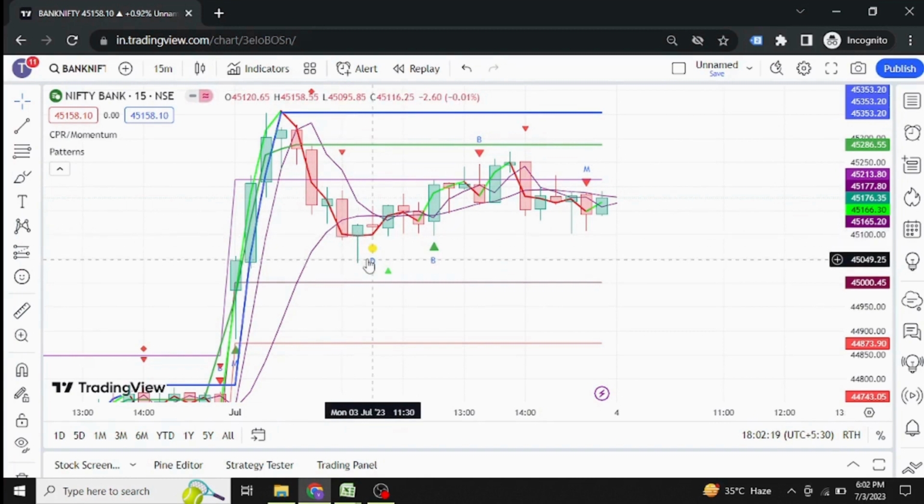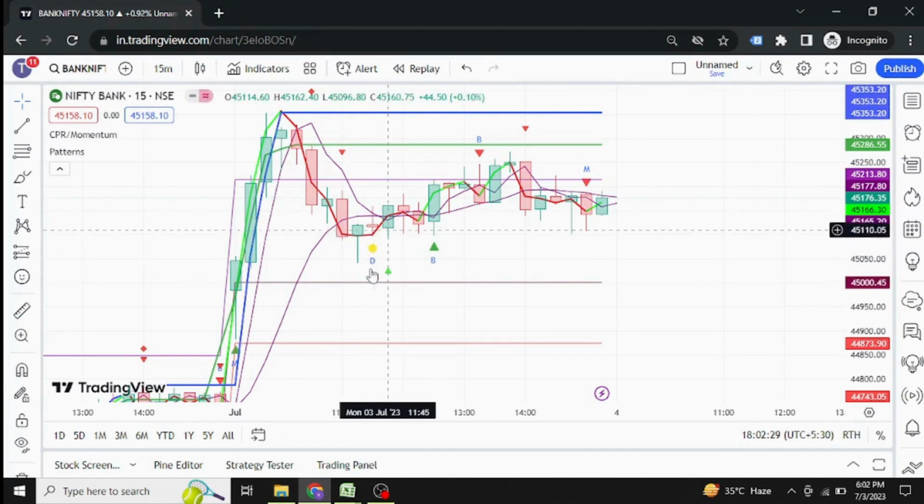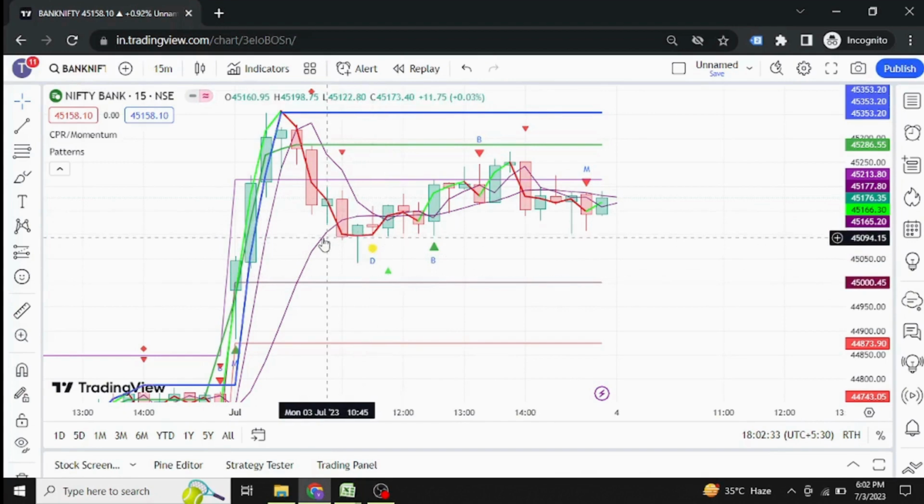So you might have already taken 250, 300 points from here. And again from here there was a reversal, a pullback. If you see this red line, this crossed, but here there was no entry.